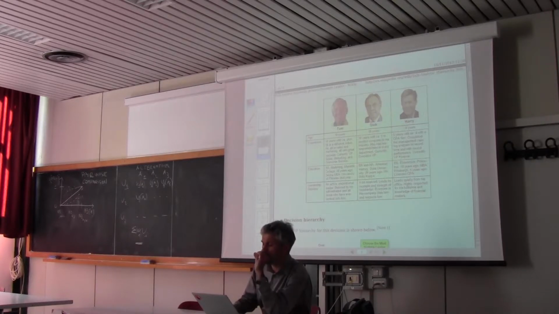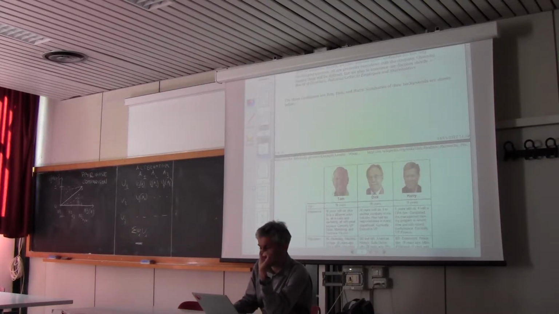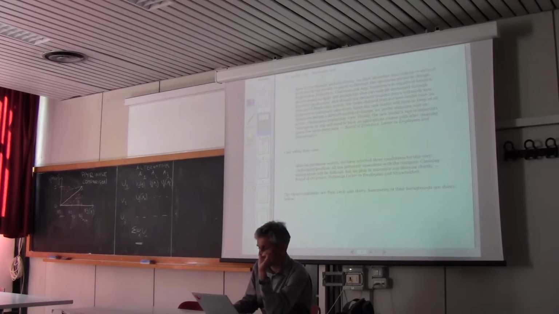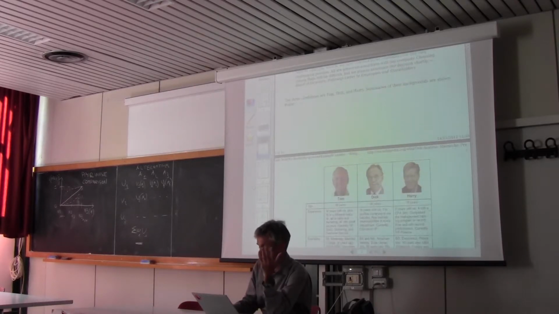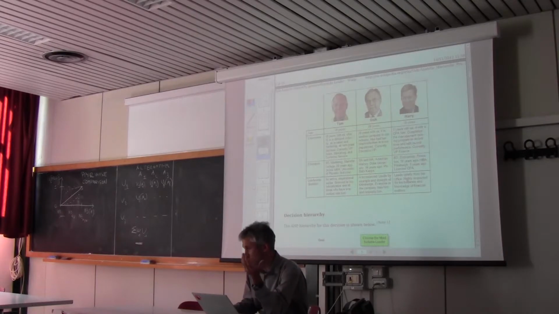And let me clarify that this example is also a bit conceptually different, because we have 2 problems here. First of all, the problem is the selection of a leader. And you see here the description of the 3 persons. Of course, this is a fiction.